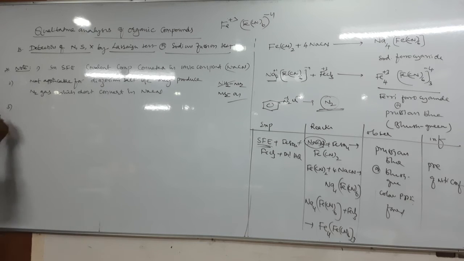Next, 3. Now the question will be like this: which of the following is not detected by Lassaigne test? Compounds will be there: benzene diazonium chloride, hydrazine, hydroxylamine, all. These are the questions.